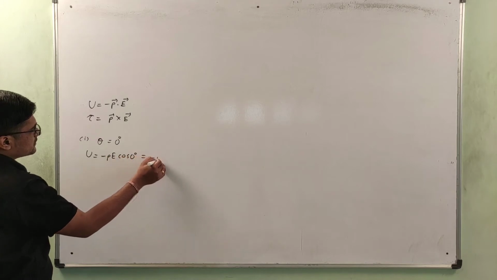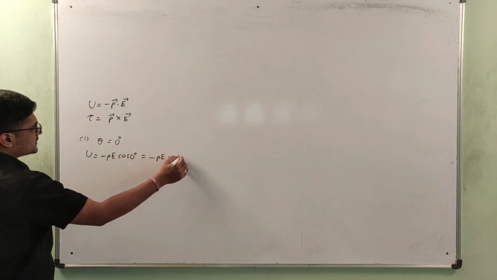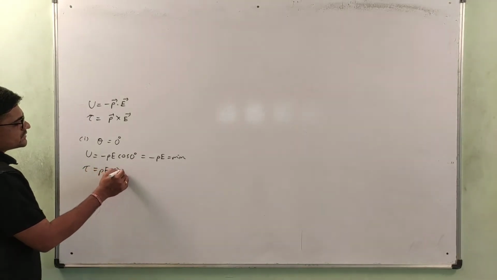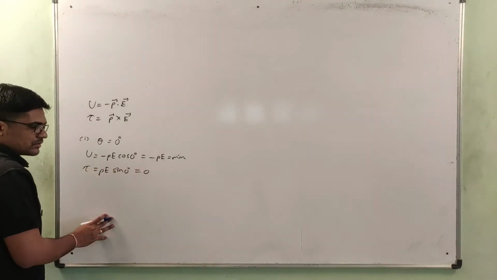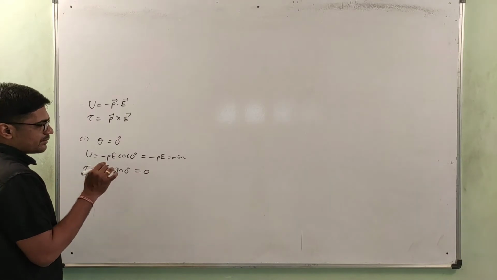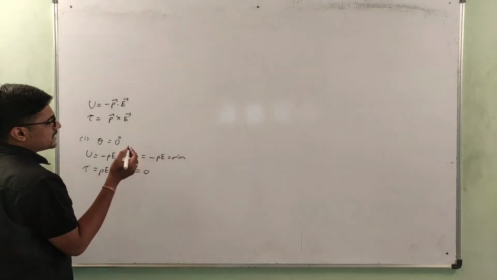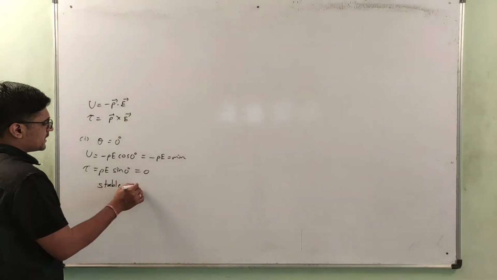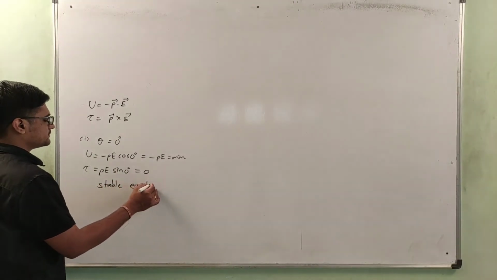Cos 0 means 1, so that is minus PE. So this energy is minimum, and the torque acting on it is PE sin 0. Sin 0 is 0, so the torque is 0. Torque is 0 means this dipole is in equilibrium and energy is minimum, so it is in stable equilibrium. So this case is called the stable equilibrium condition.